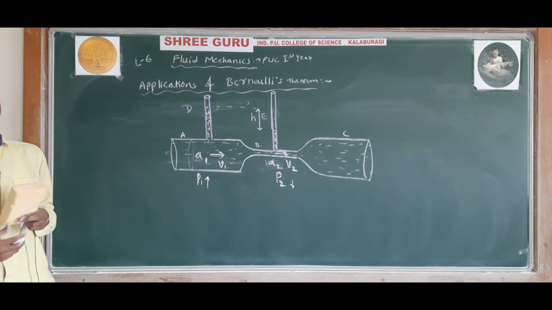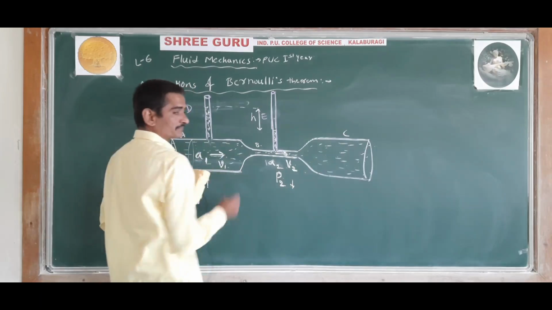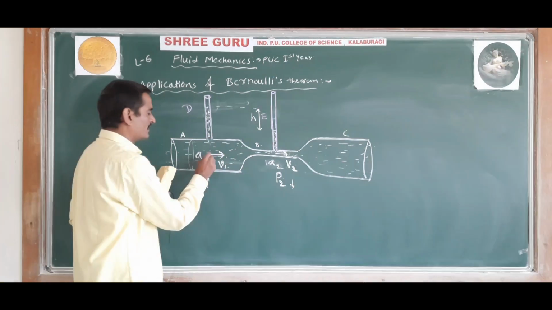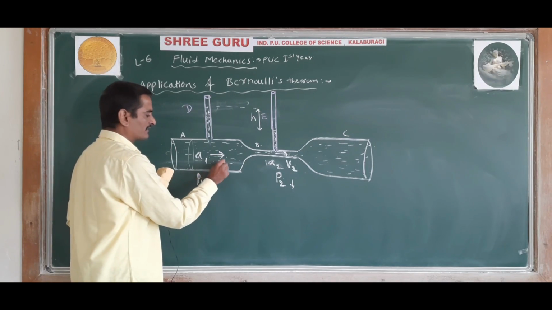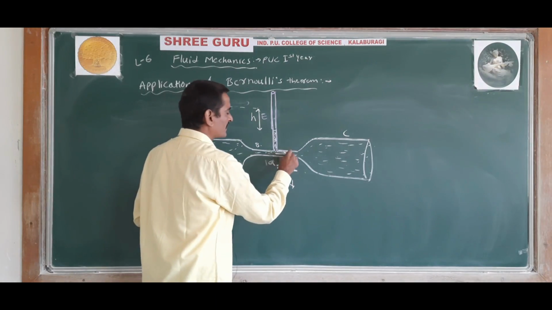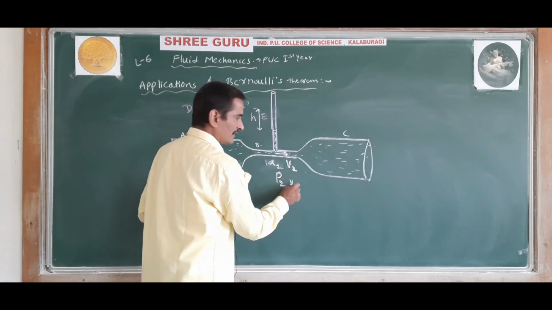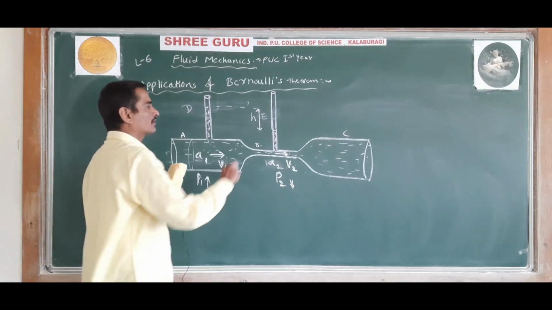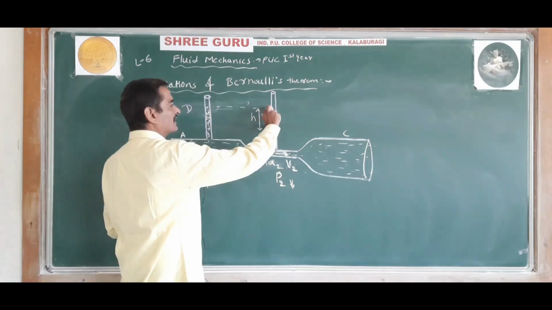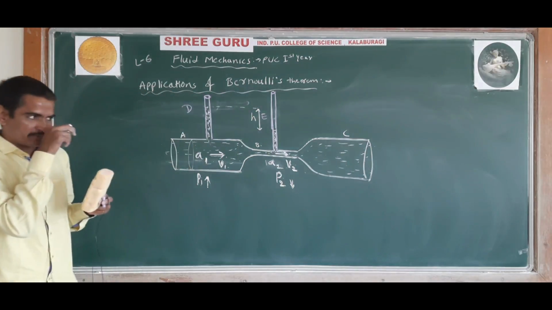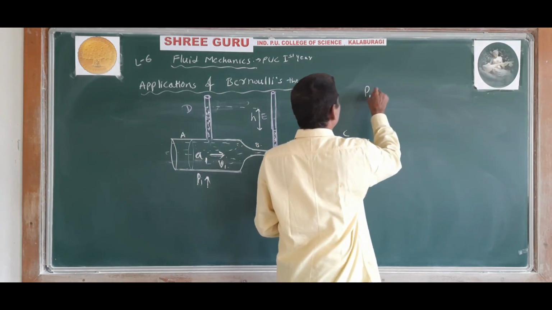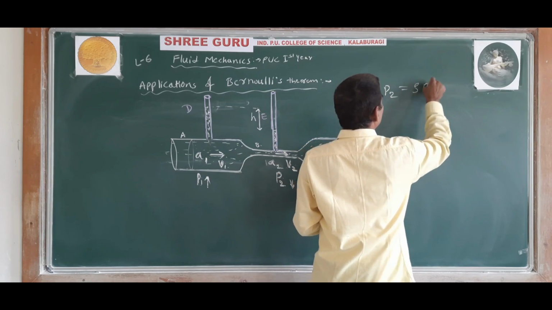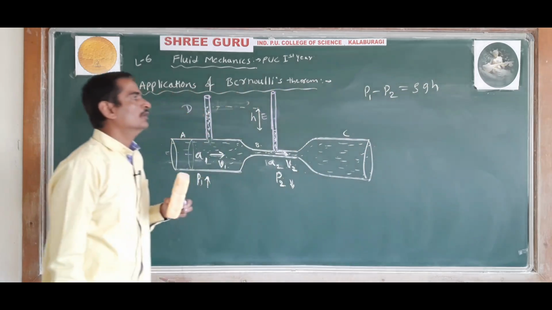Here pressure is more because the velocity of the liquid is less; here the velocity of the liquid is more, so pressure is less. So the difference in the height of the liquid will give the pressure difference, that is P1 minus P2 equals rho g h.